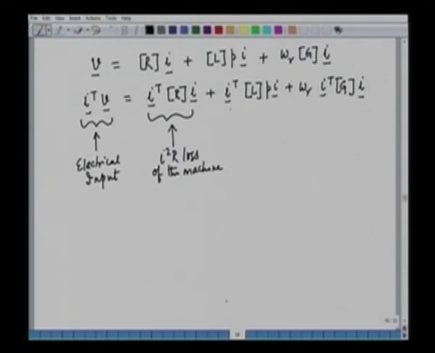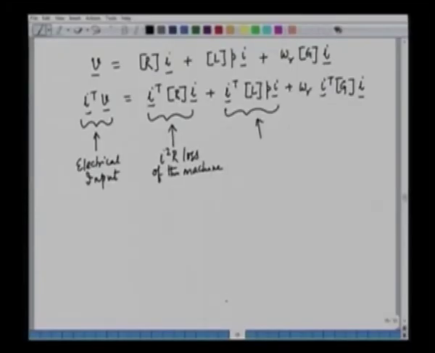The next term is associated with the inductance L, the matrix we have seen in the last lecture, which has the self inductances and also the mutual inductances. The term i transpose L p i is the power stored in the magnetic field.